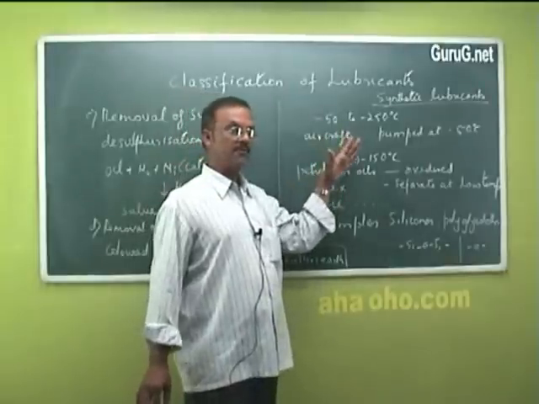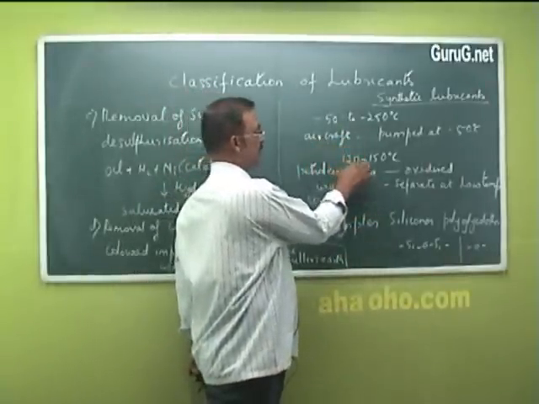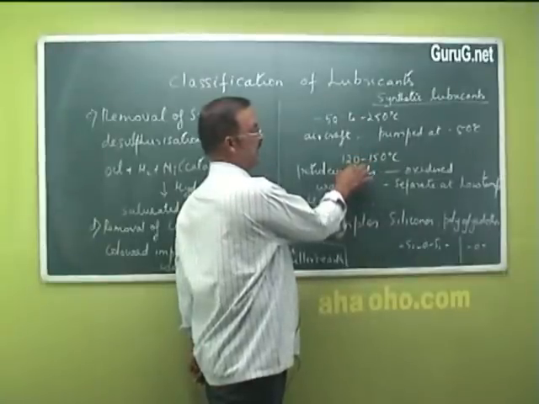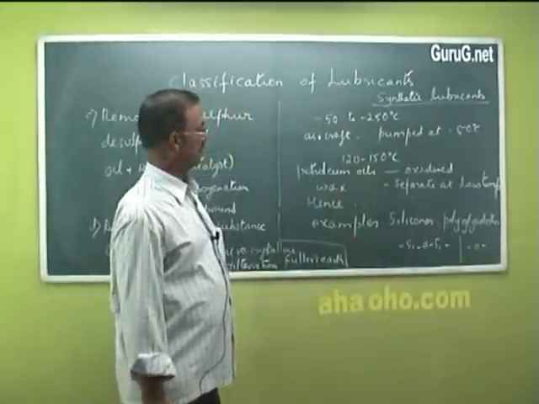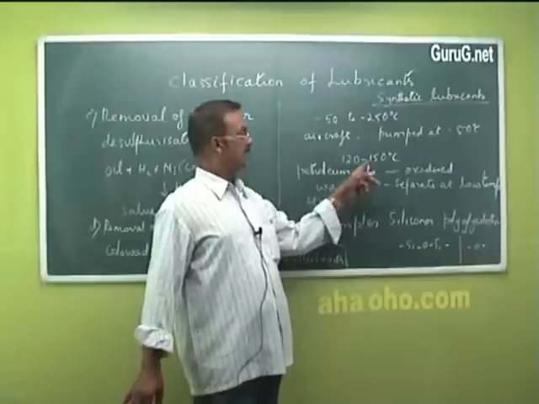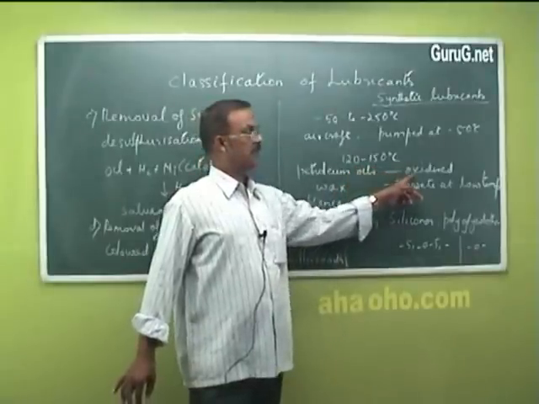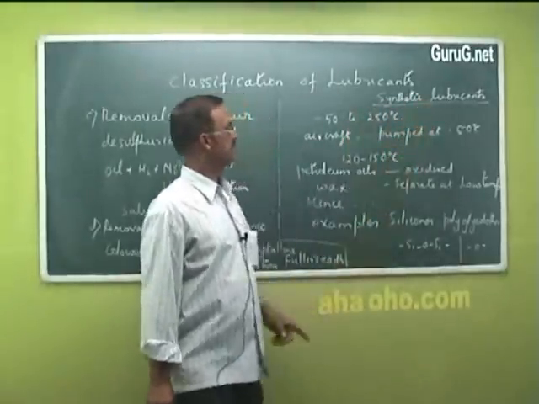But during the takeoff and landing, the same lubricants can get heated up to 120 degrees centigrade or even up to 150 degrees centigrade. So if you are going to use petroleum oils at this particular temperature, they can get easily oxidized. Next we'll see synthetic lubricants.